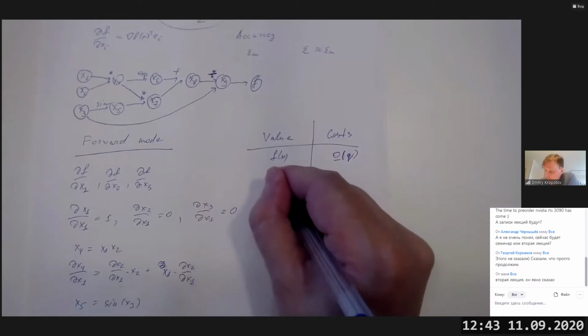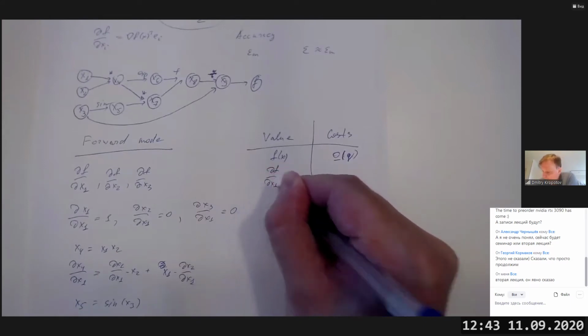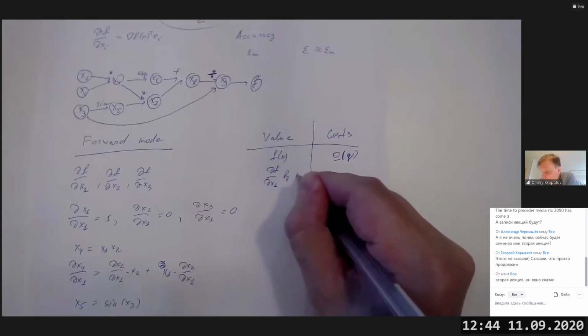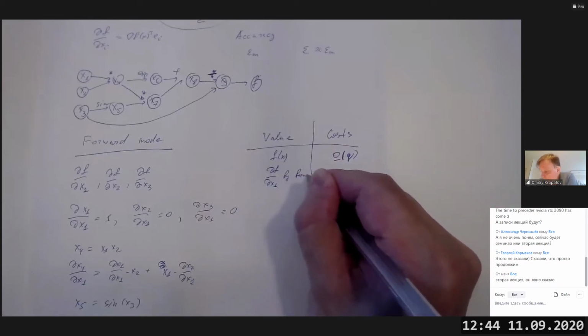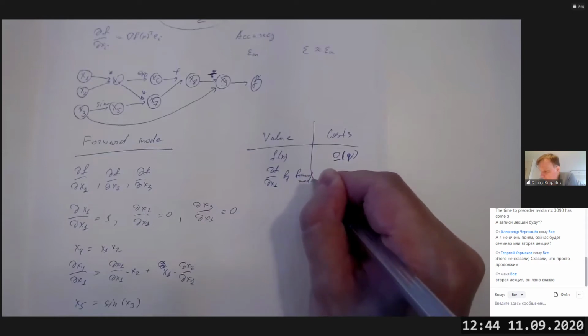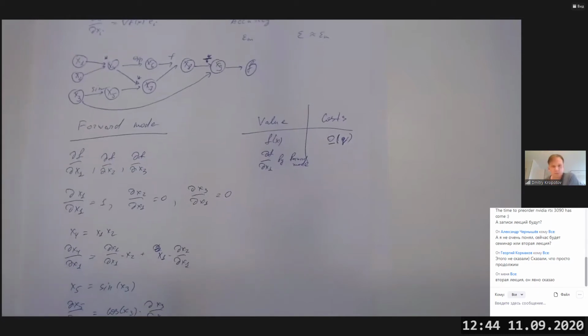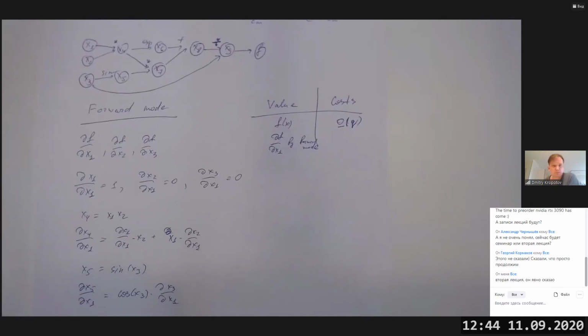Then what about calculating this partial derivative by forward mode? Compared with this big O of q, how do you think, what would be the cost? It will be the same, big O of q.